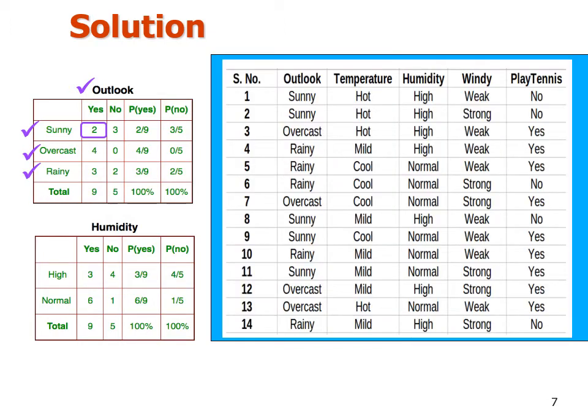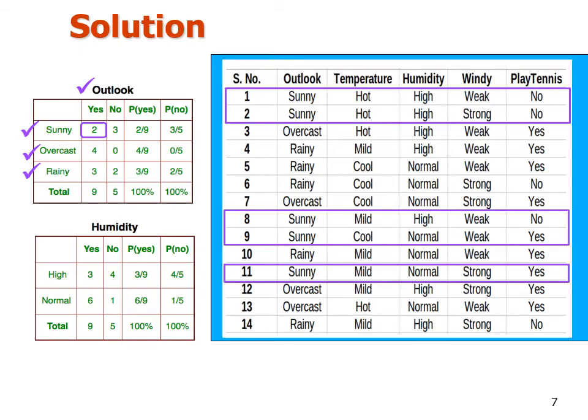So let us refer to the data set with 14 number of instances in which we are having 5 samples for which outlook attribute has value sunny.